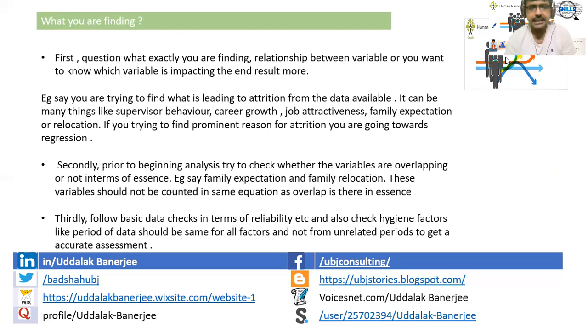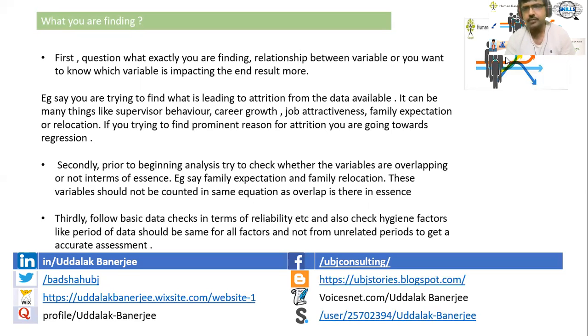Secondly, prior to beginning analysis, try to check whether the variables are overlapping or not. Suppose you want to look at attrition from just two variables: family expectation and family relocation. This study will never yield a proper result because both are interrelated. If the family is relocating, then they will also have some expectation that you also will relocate with them, or some arrangement you will do.